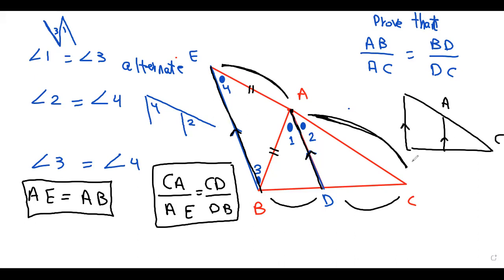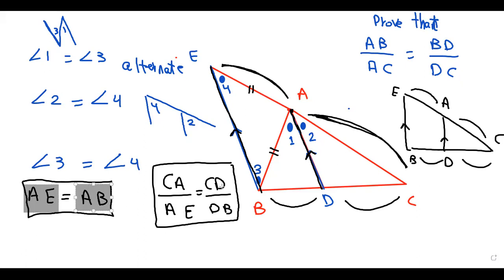They are parallel. CA over AE is equal to CD over DB. And we know that, as you see, AE is equal to AB.